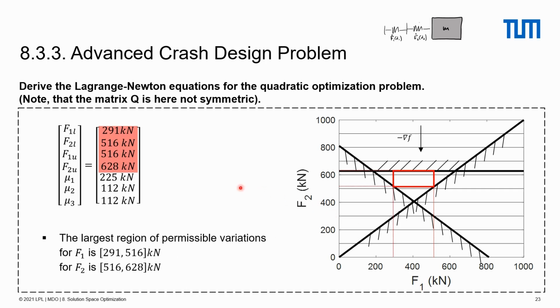We can solve this equation with MATLAB, and we will get the solution like this. The first 4 elements determine the size and the position of the box. We can draw it in this plot. It will be this red box.